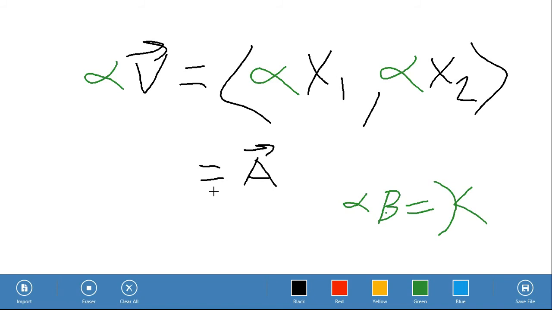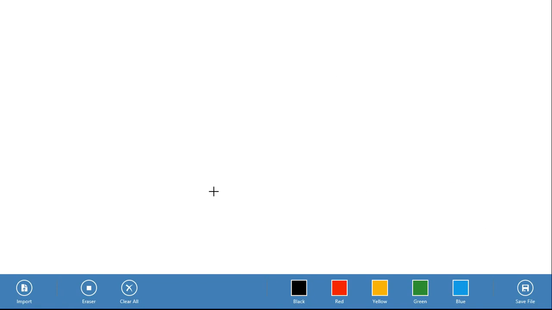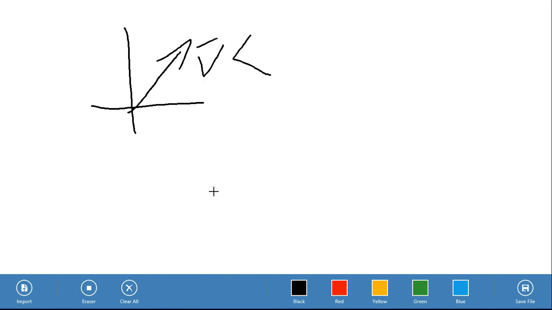So let's do a more concrete example, just very briefly here. Let's say we have a vector, and we're going to call this vector v again, and this vector is going to consist of 2 here, and 3.